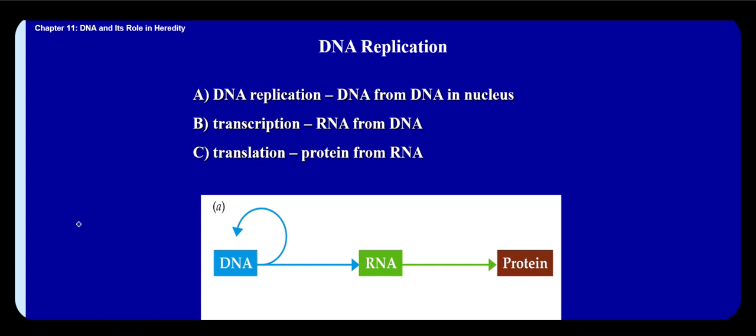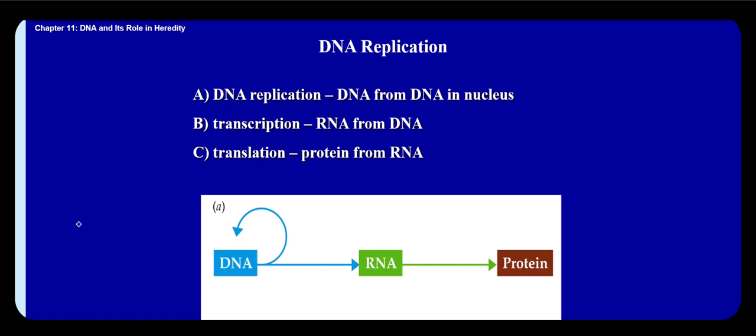The first process is DNA replication. That's where we take DNA that we have and we make more new DNA. With everything that we do, you've got to know the point of the process. The point of replication is to make new DNA. Well, when do I need new DNA? I need new DNA when I'm making new cells.